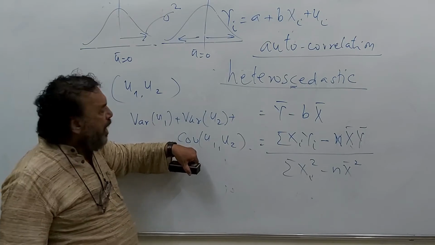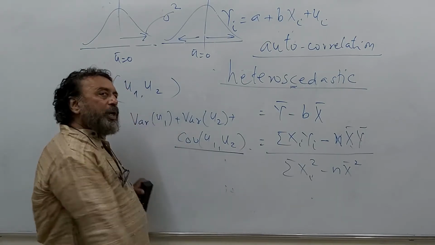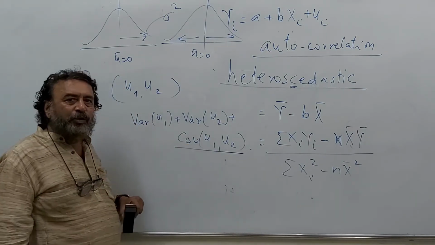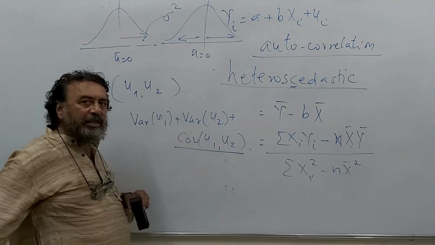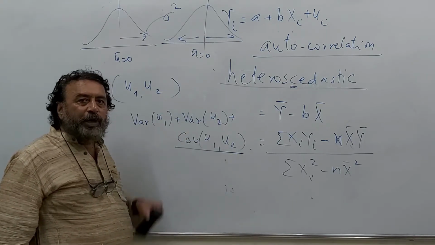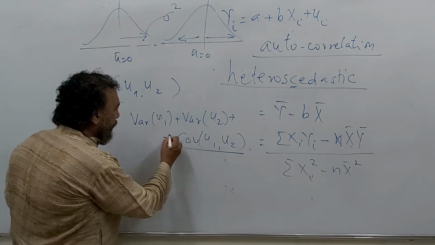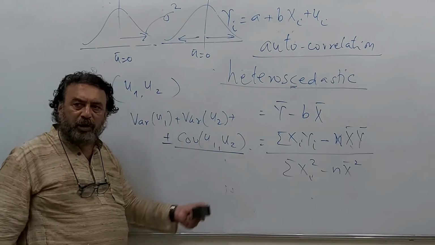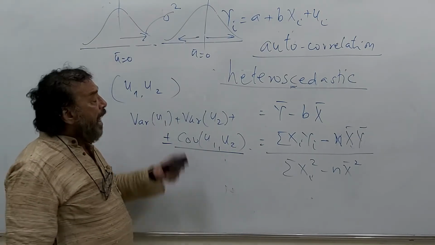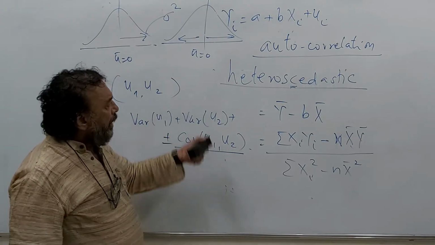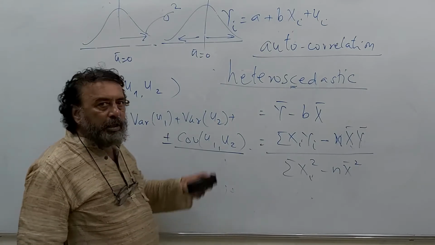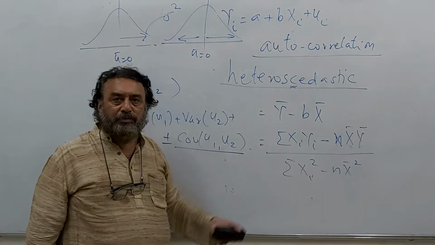But with that caveat, one should be aware that pooling together variances is possible by simply adding them if and only if the variability is devoid of any covariability. This covariance may be plus or minus. They might be negatively related, they might be positively related. And therefore, modeling of this type is equally modeling of error terms.